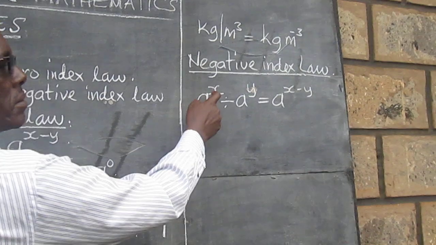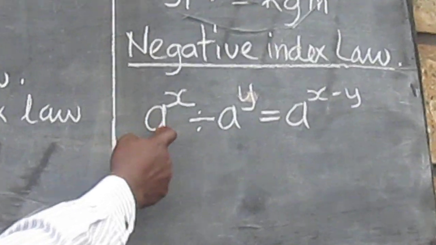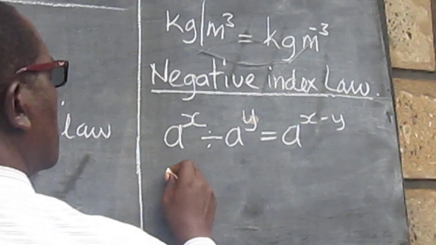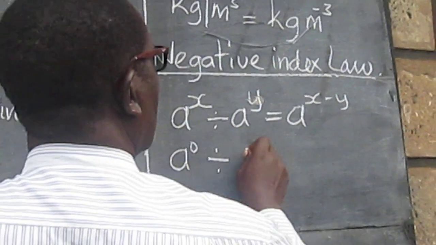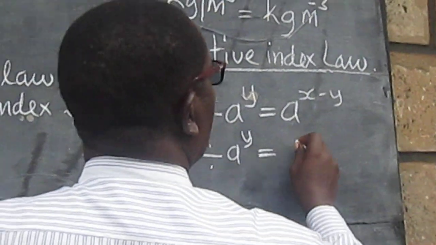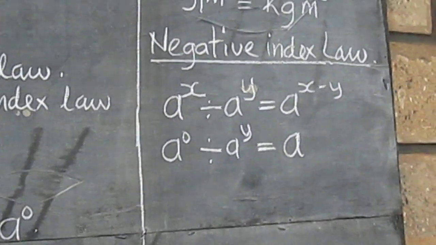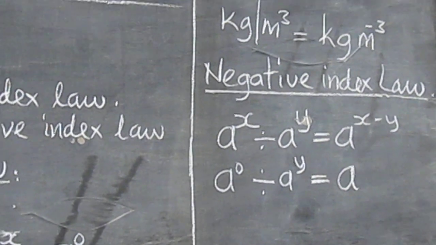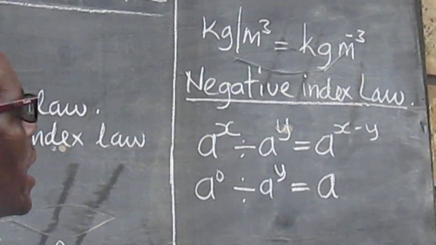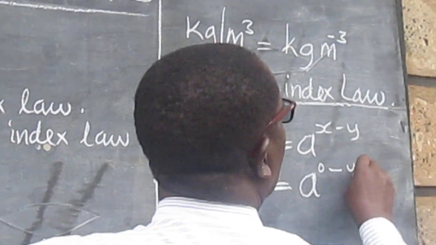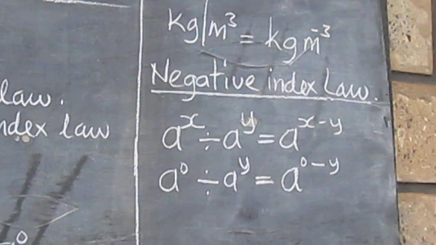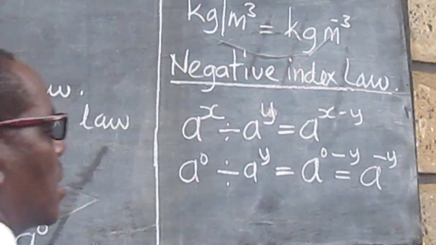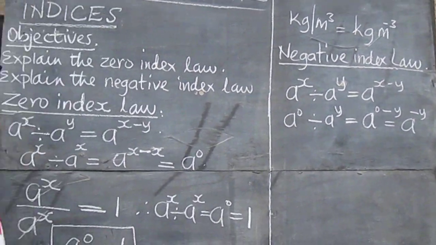Now we are saying, instead of talking of a raised to x, we talk about a raised to 0. We can see clearly then that when we apply this law, the quotient law, we will get 0 minus y, which is also equal to a raised to negative y.